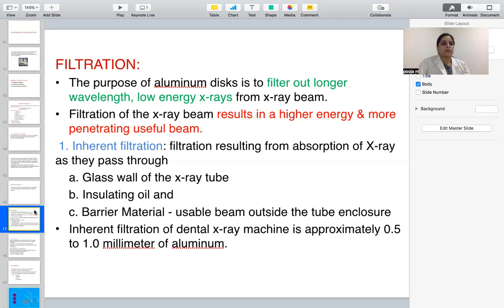According to the state and federal government, the inherent filtration should be approximately between 0.5 to 1 mm of aluminum for a dental X-ray machine.